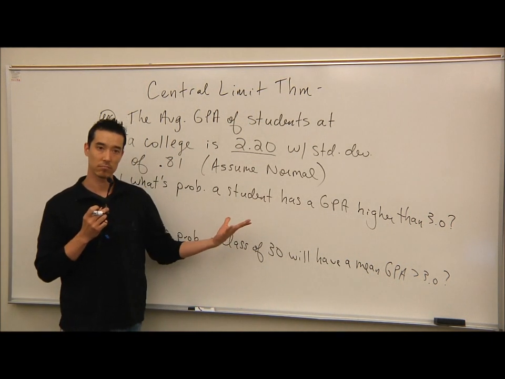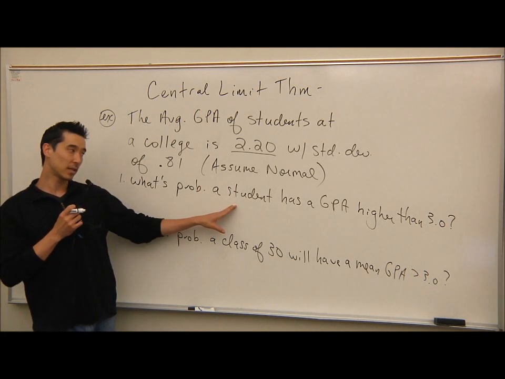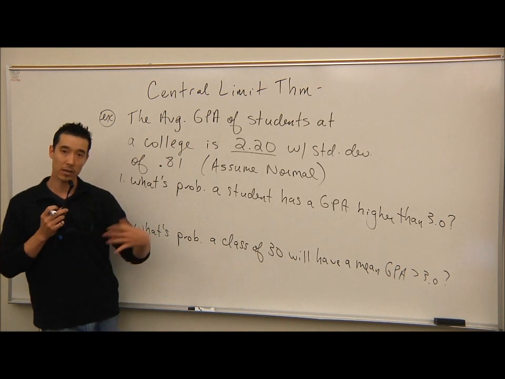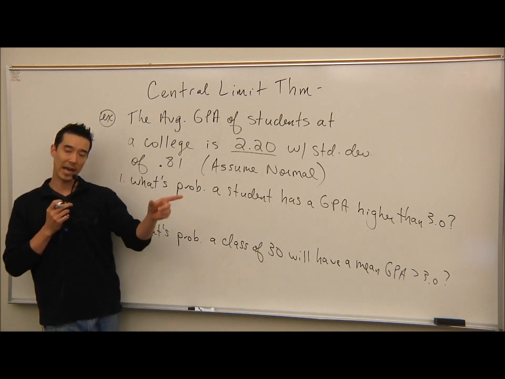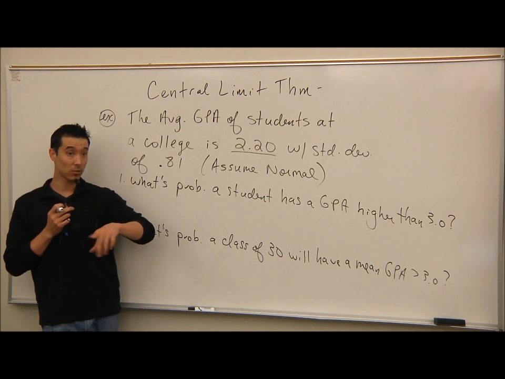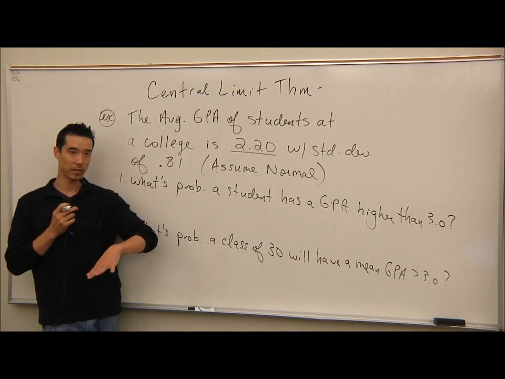Okay, what's the probability that person has a GPA higher than 3.0? Is the probability a single person has a GPA higher than 3.0 bigger than or smaller than a whole class? I walk into a classroom of 30 students. I average that whole class, and I want to know if that average of that class has an average higher than 3.0. Which one do you think has a better chance of happening?